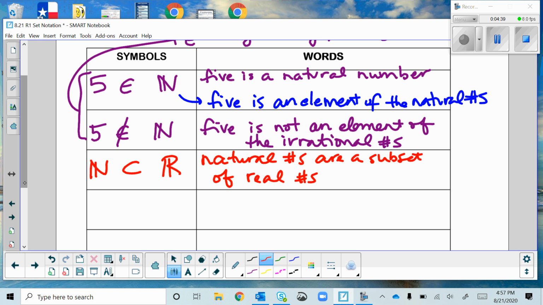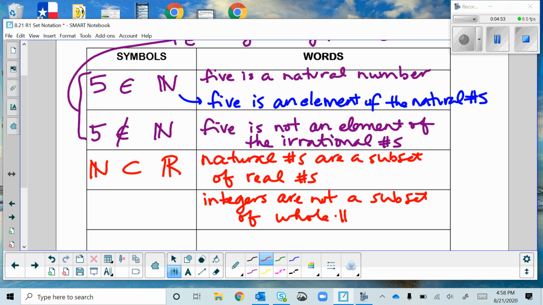So if I were to say that integers are not a subset of whole numbers, I would write this.